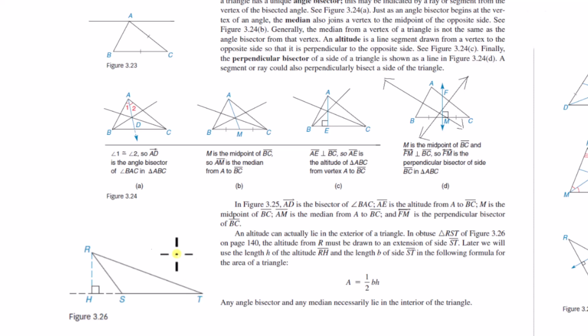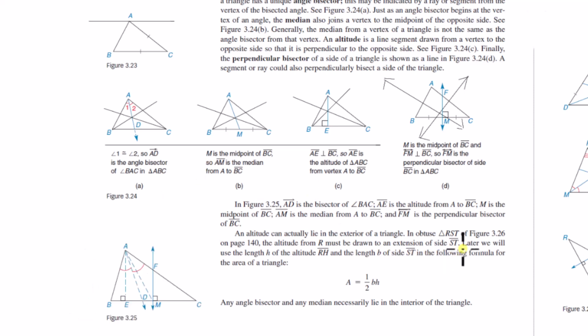For example, this obtuse triangle here: if we think about the altitude that goes from vertex R to the opposite side, this is a little bit different, because we can't construct an altitude going from vertex R to side ST if we stay inside the interior of the triangle. But there still is an altitude. We just virtually extend that side, and in that case, RH is the altitude, since it's perpendicular to the extension of side ST. Okay, so that's something to note about altitudes.